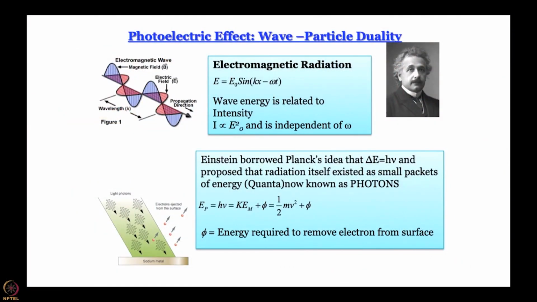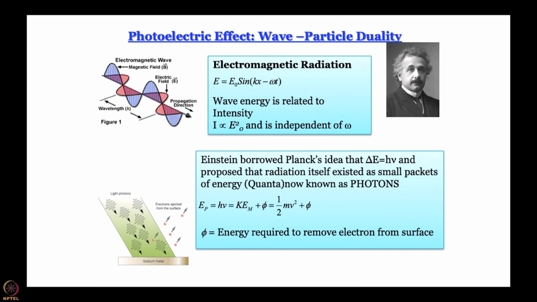Many of us, maybe all of us, know that Einstein got his Nobel Prize not for the theory of relativity, but for the photoelectric effect. What is shown in the photoelectric effect, we are not going to go into the detail of it, is that light behaves like particles.